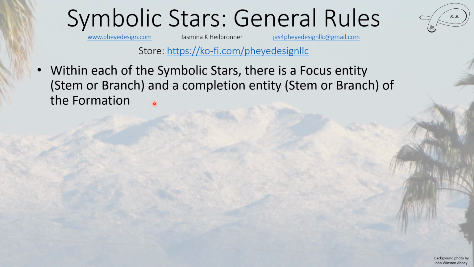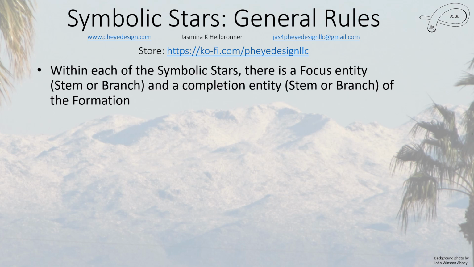With every symbolic star, there is a focus entity, and it's a stem or a branch, as far as I know. I haven't seen anything different up to now. And then there's a completion entity, which is also a stem or a branch. The focus is what you look for in your chart that you're basically guaranteed to have, and the completion one you may or may not have.